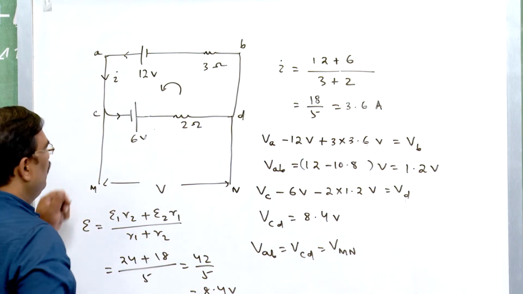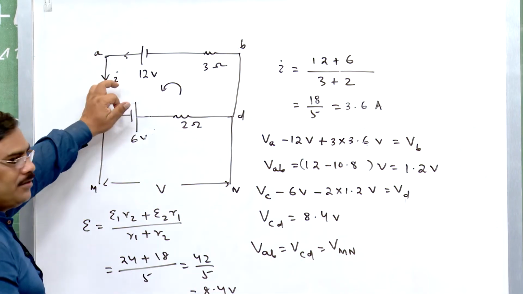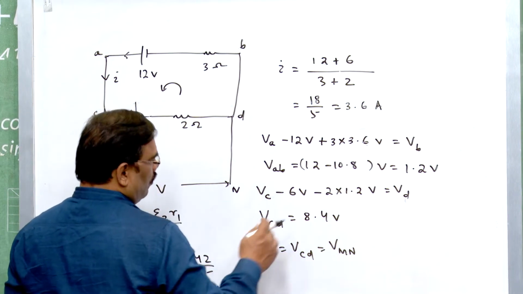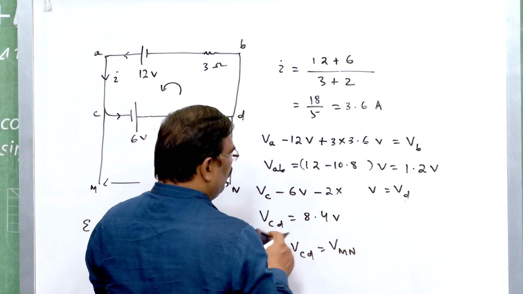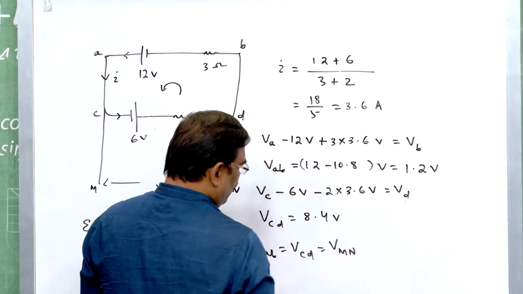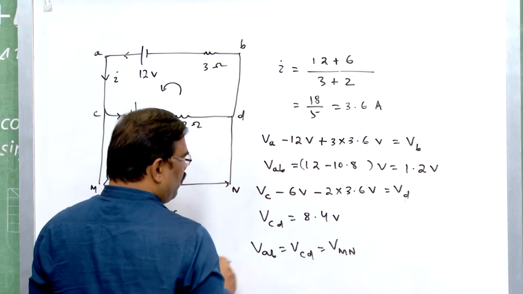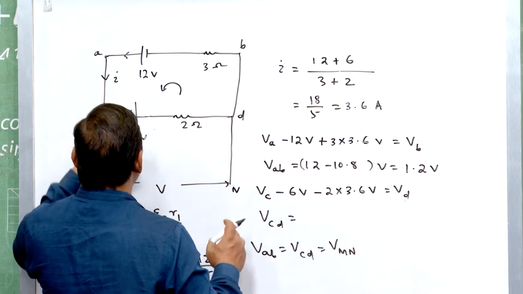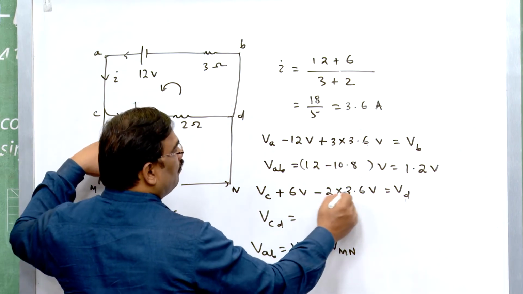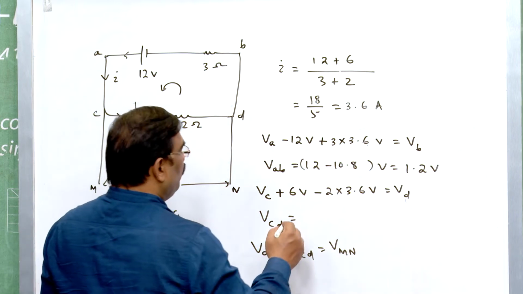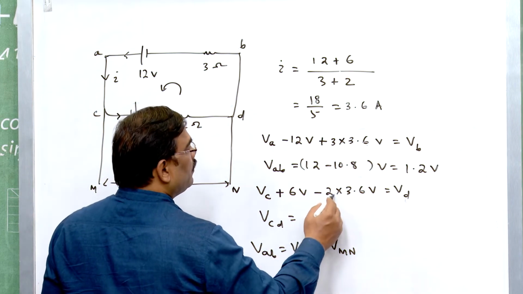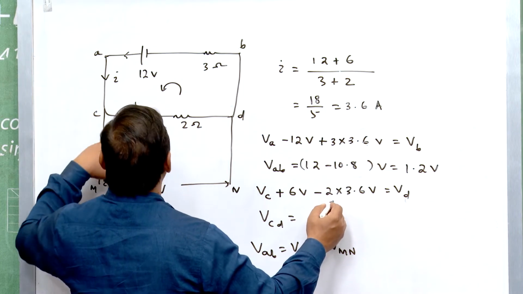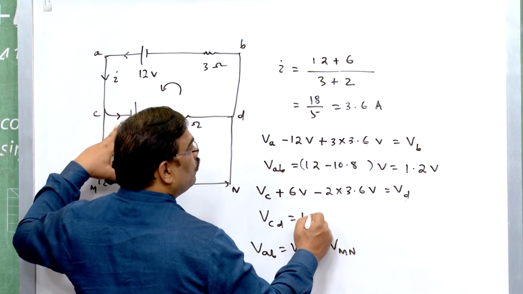If this 6 volt is just altered, then similarly in this case also we are getting 2 into 3.6, and this is 7.2. So, if this is altered, then this is plus 6 volt and minus this one. So, VCD will be 6 minus 7.2 and this is 1.2 volt.